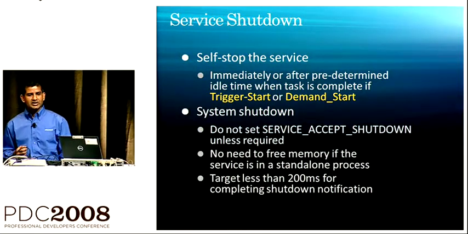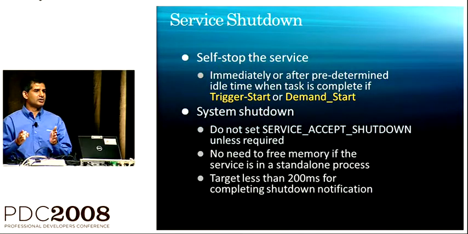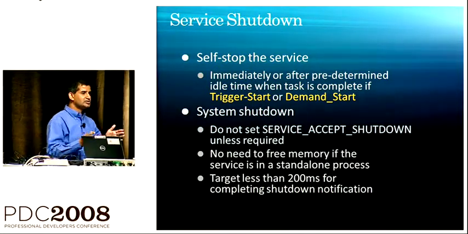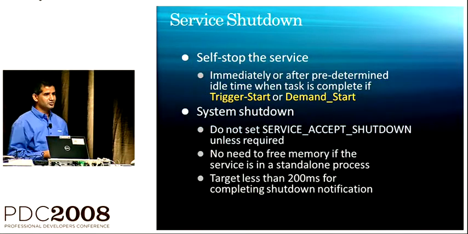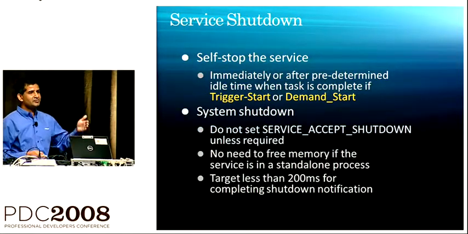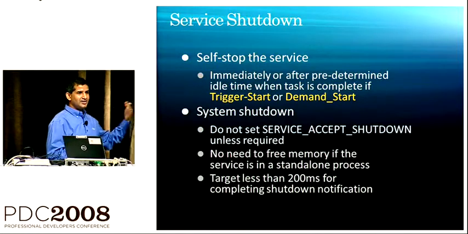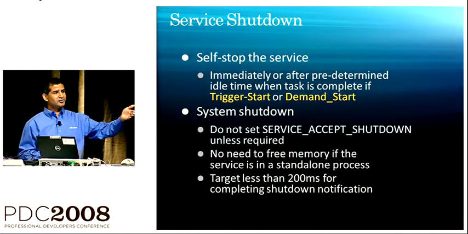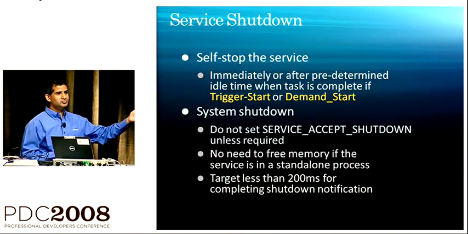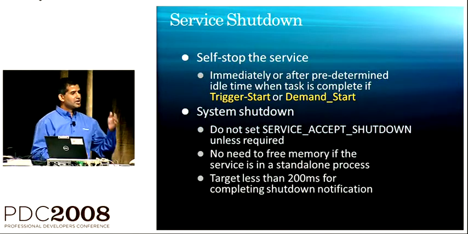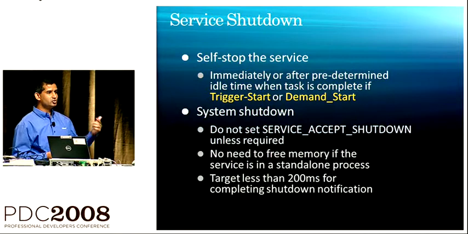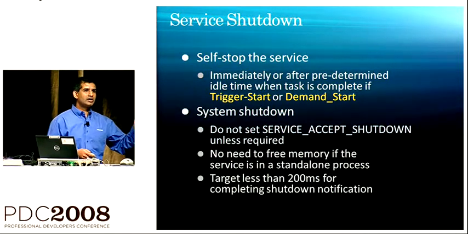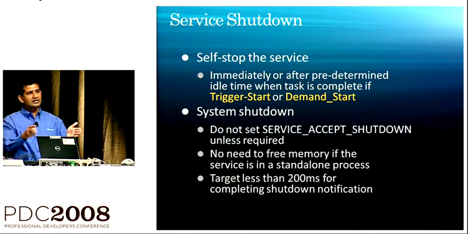And what happens in many cases, the system has a hard limit of around 20 seconds where the whole system and even the infrastructure will be forced to go down, right? And in this case, we will cause unnecessary delays where the infrastructure is waiting on this service to cleanly shut down.